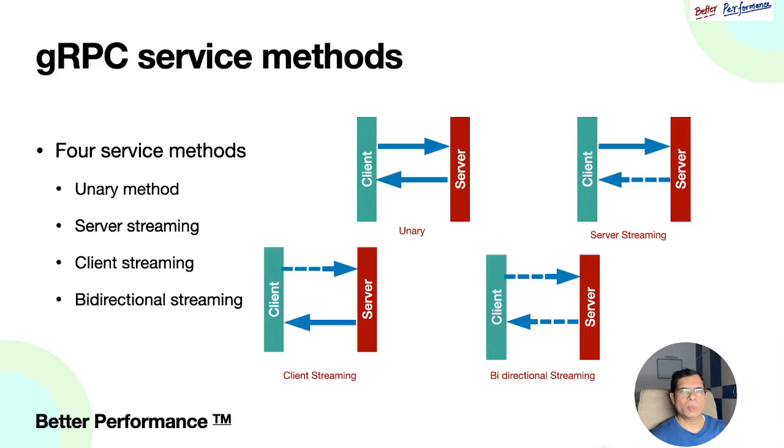Whereas in server streaming, the client sends one request and the server responds with a series of responses. A basic example is when you send a shopping cart search request.